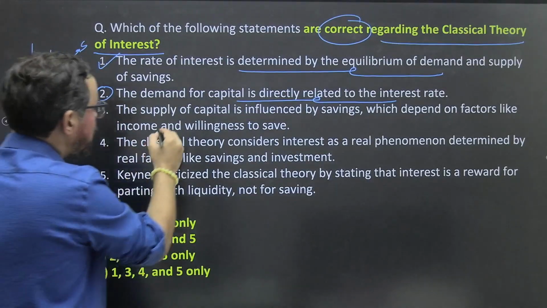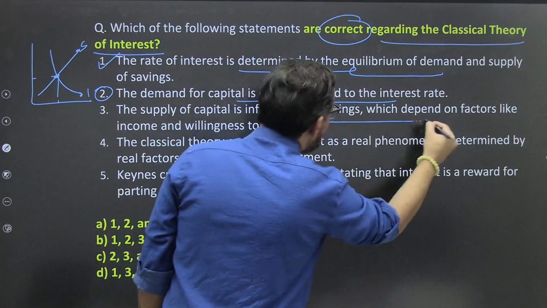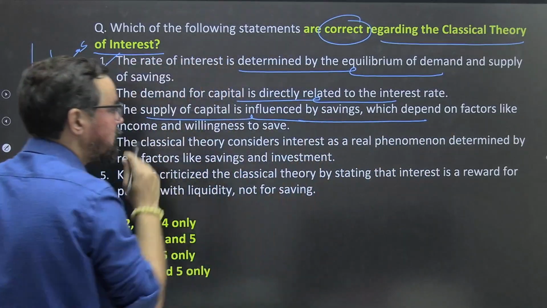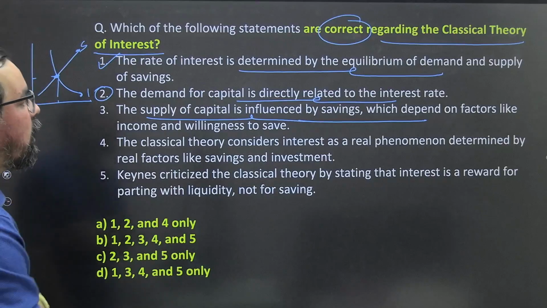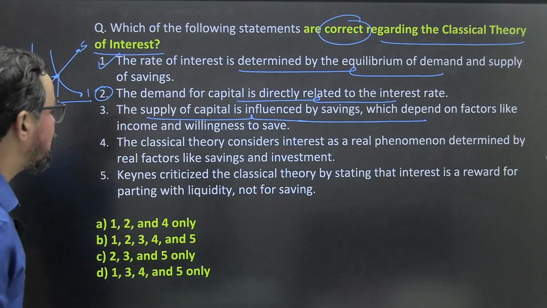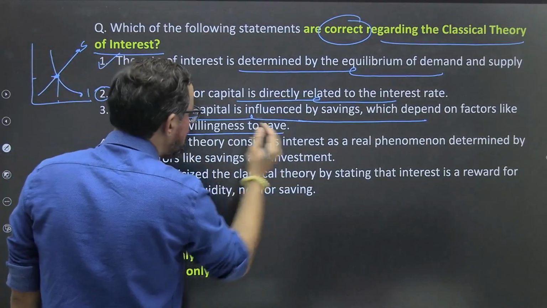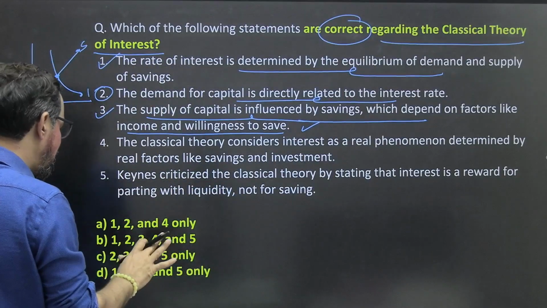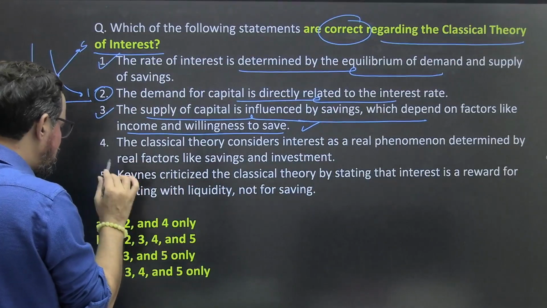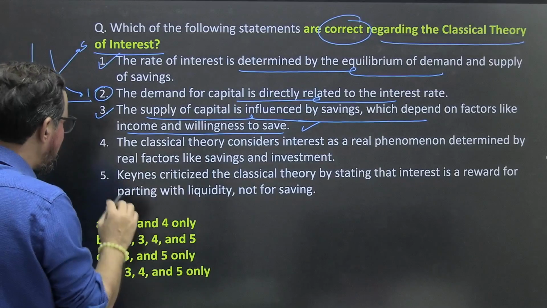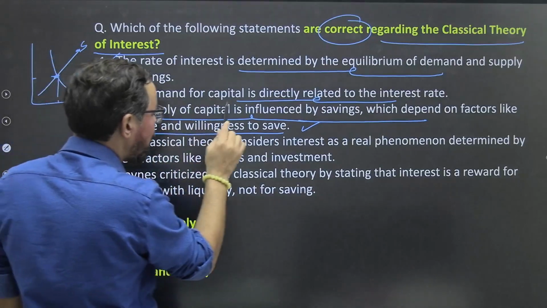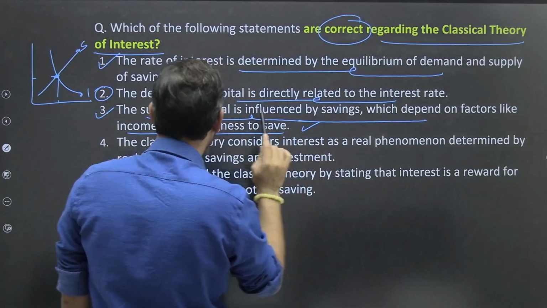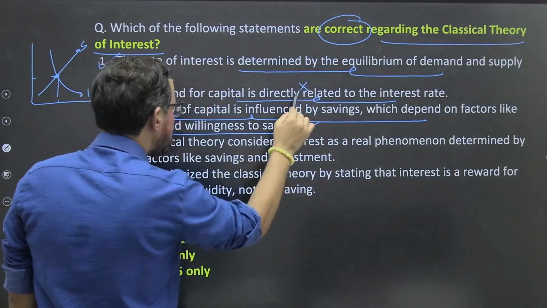The supply of capital is influenced by savings, which depend on factors like income and willingness to save, 100% true. So statement 3 is correct, and the first one is correct. The demand for capital is directly related to the interest rate. I'm doubtful about this, so I'll not go for this statement.